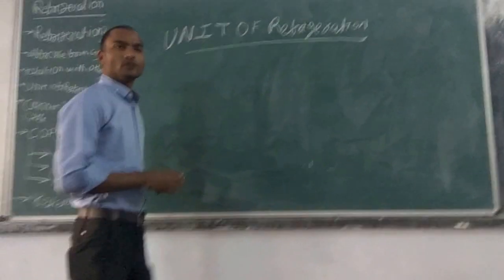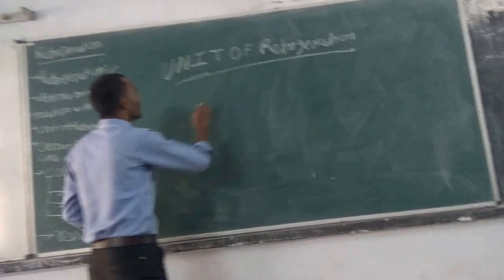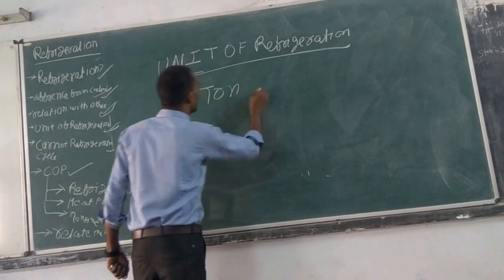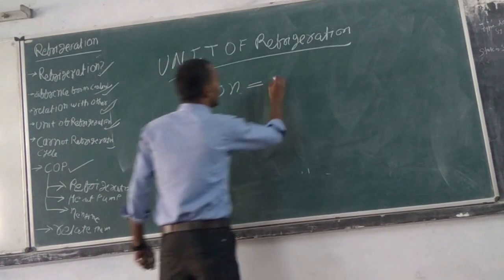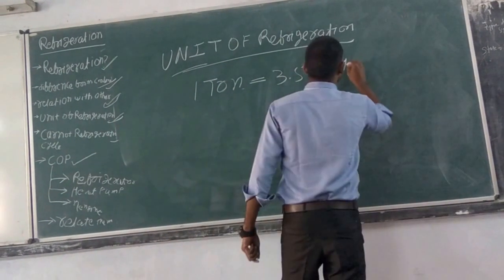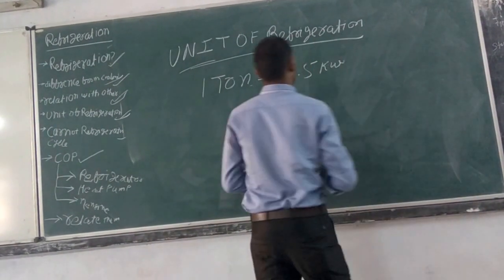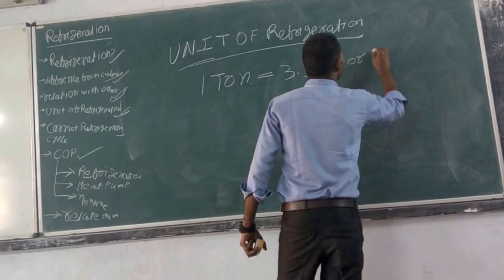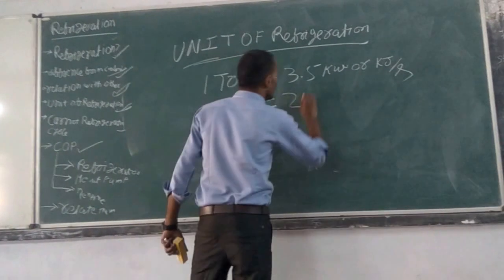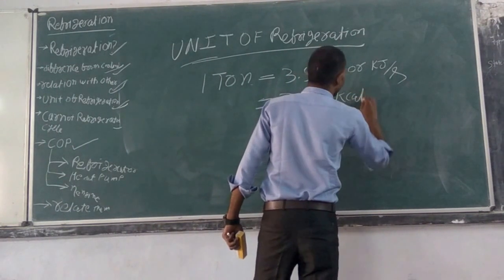There are 3 units which give us the unit of refrigeration. First, that is called 1 ton of refrigeration. That means 1 ton of refrigeration is equal to 3.5 kilowatt or kilojoules per second, or 210 kilocalorie per minute.